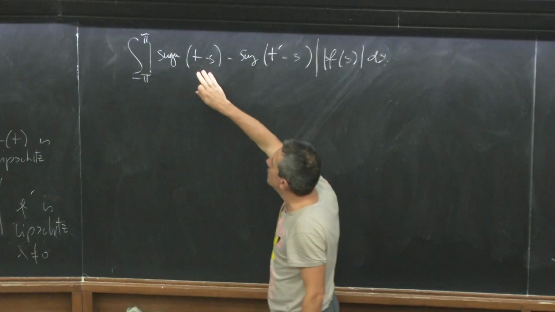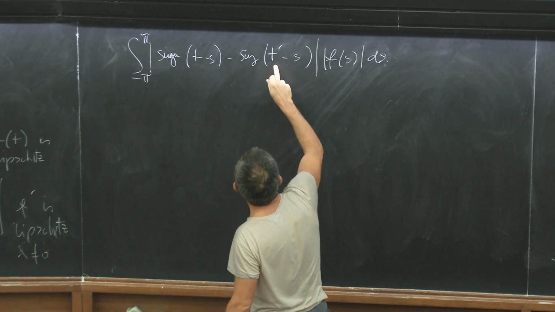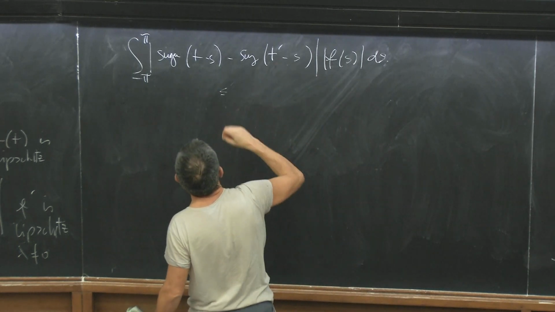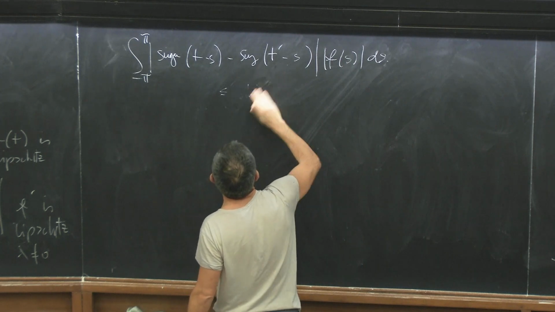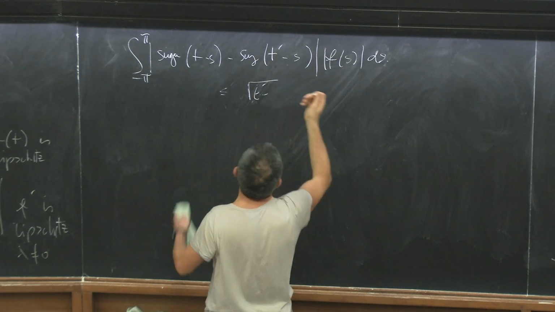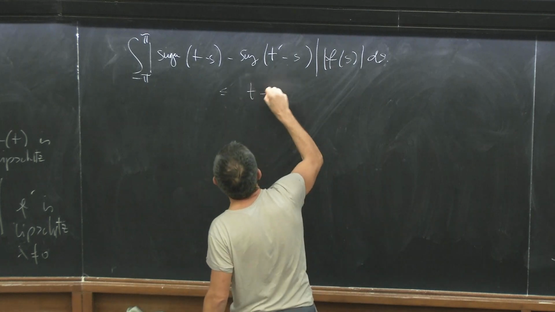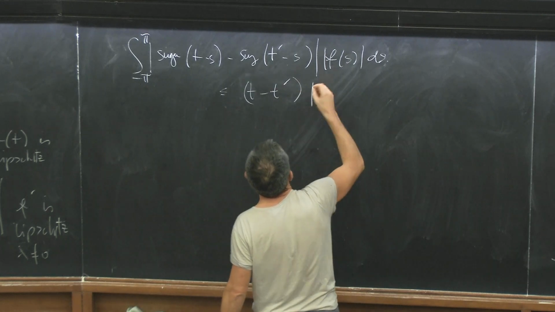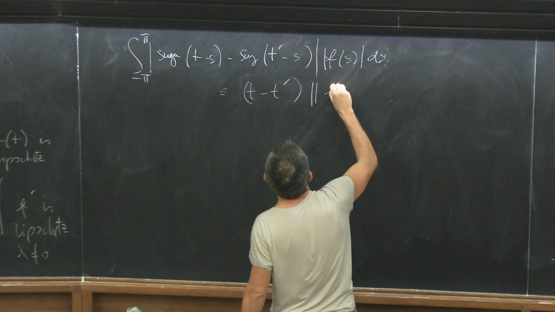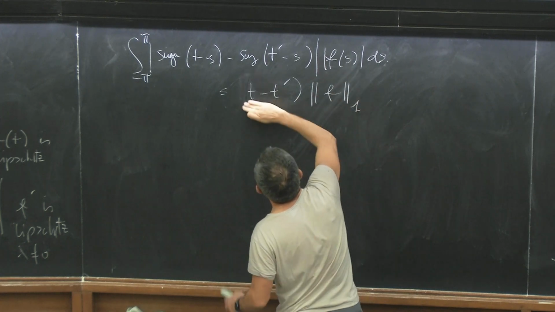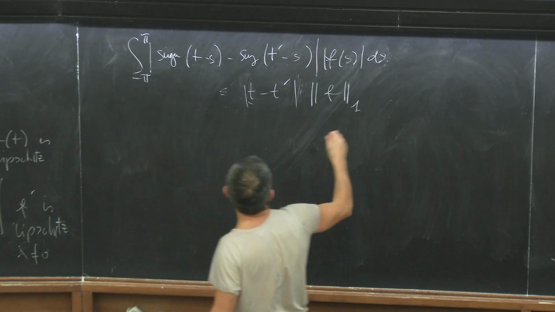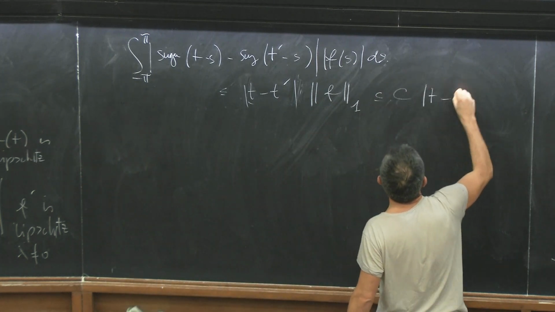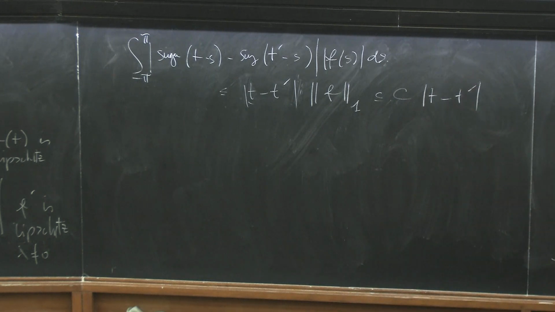So this is 2 only when s is between t and t prime, so it's less or equal than, in this case, t minus t prime, for some constant, which is the L1 norm of f. And we have already an estimate of this guy, so less or equal than a constant times t minus t prime. So I can differentiate twice.